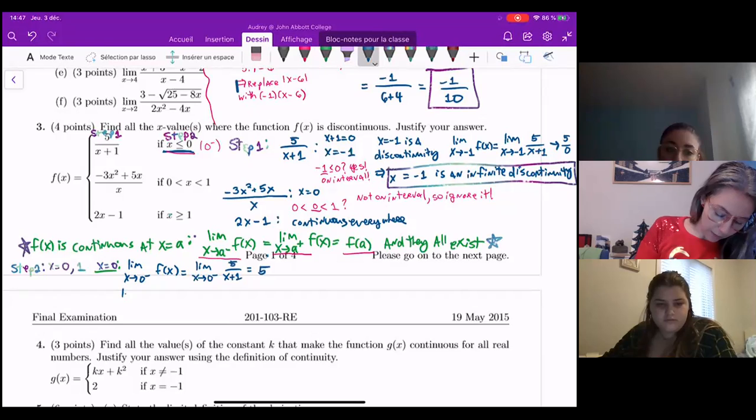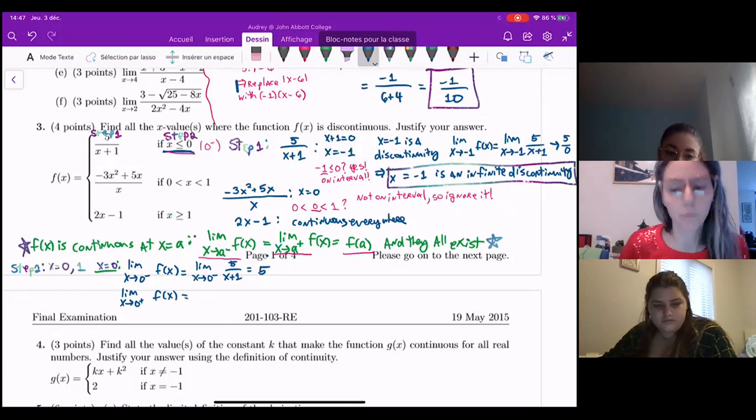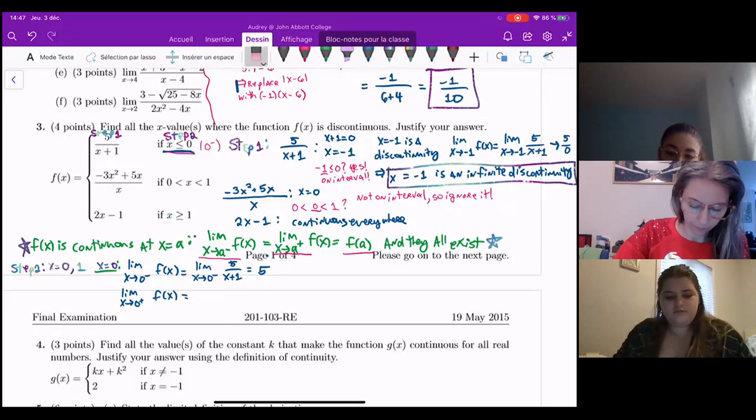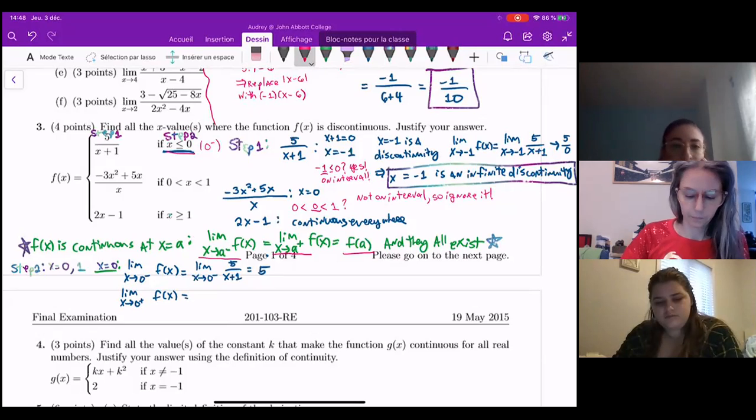And then I'm going to do the limit as x approaches 0 from the right. Which function am I going to for 0 from the right? Again, tell me privately in the chat.